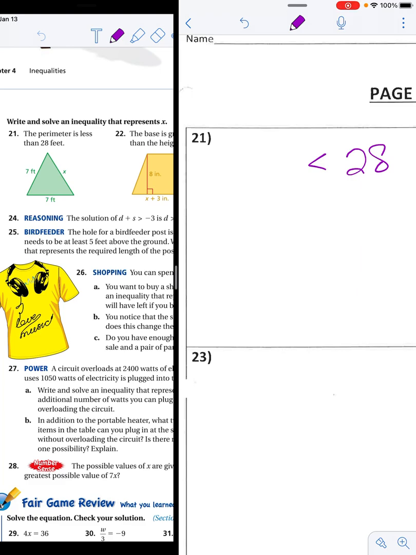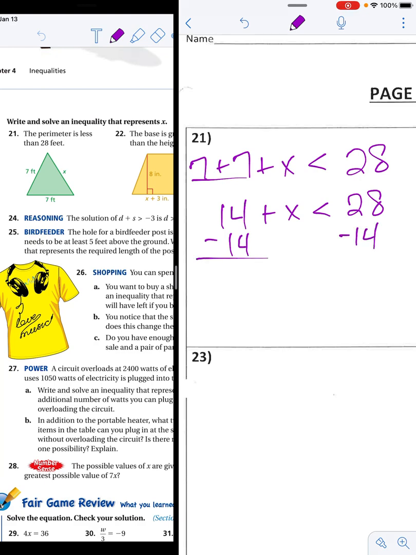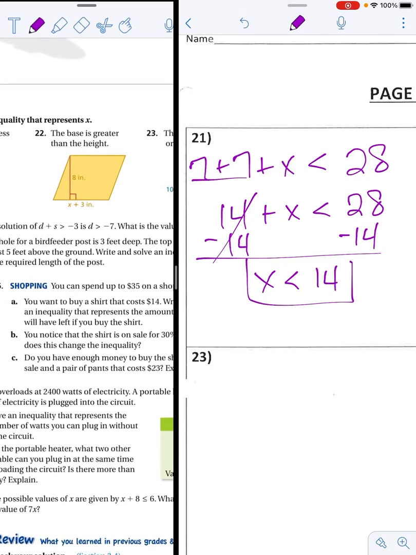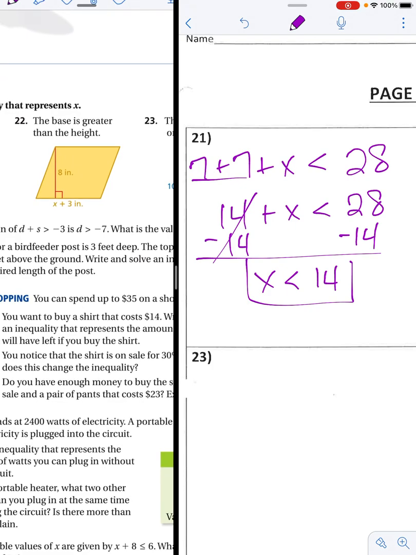So there's kind of like my equal sign. It's less than 28. Perimeter is the distance around this triangle. So 7 plus x. There's my inequality. Go ahead and combine your like terms. And then we're going to solve for x. So do the inverse and subtract 14 from both sides. Show your cancellation. X is less than 14.